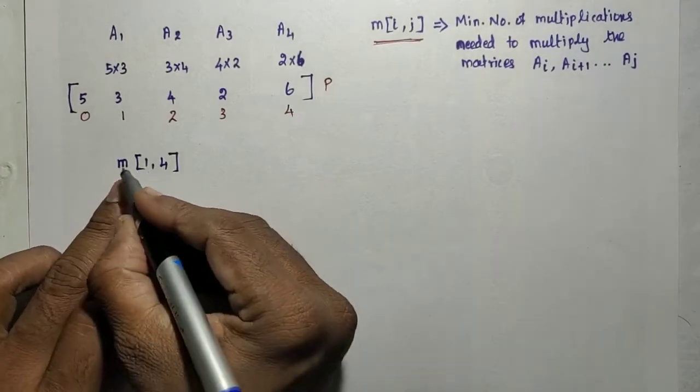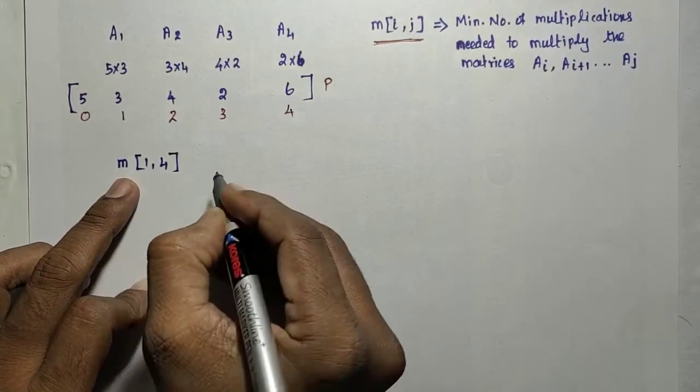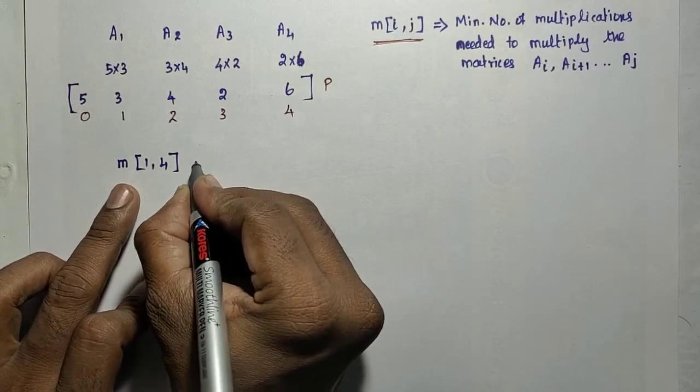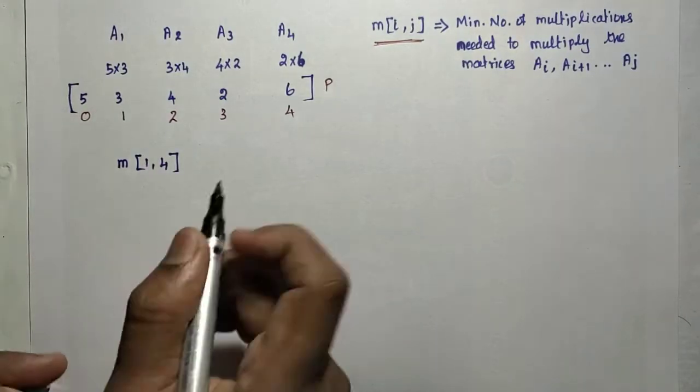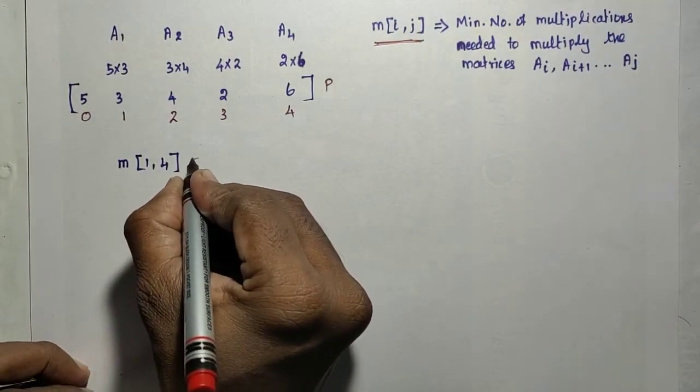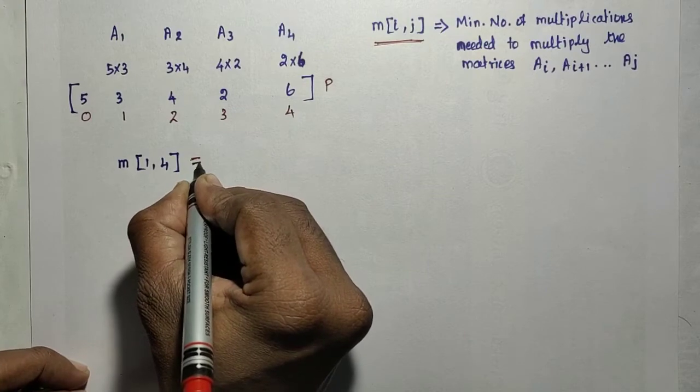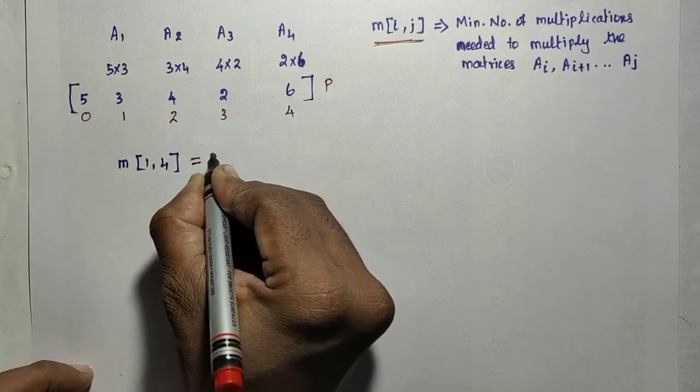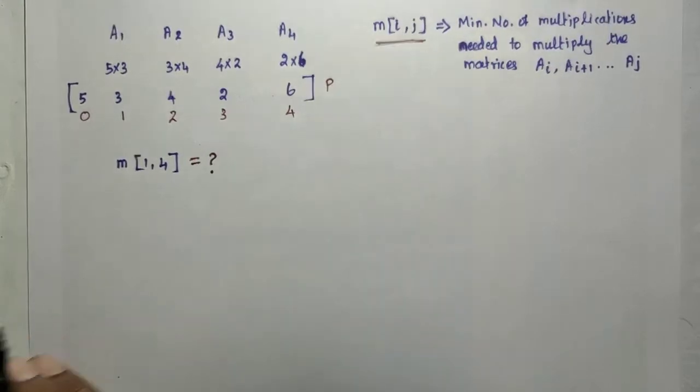So we need to obtain m of 1 comma 4. It means the minimum multiplications needed for multiplying A1 to A4. That is our aim, so that we need to find. Correct.